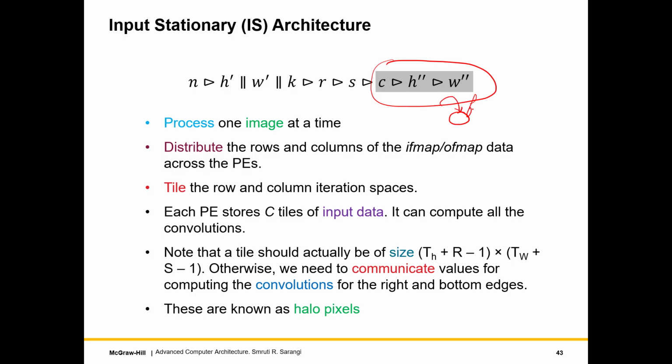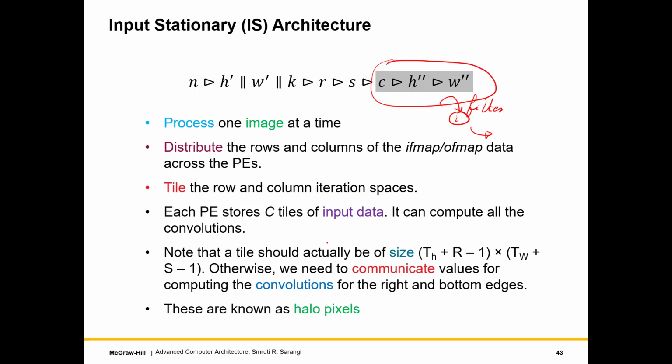We have to send the filter weights. So we have to bombard it with filter weights because the input is cached. And then what is the output? The output is the OF map tile, or at least a partially computed OF map tile.